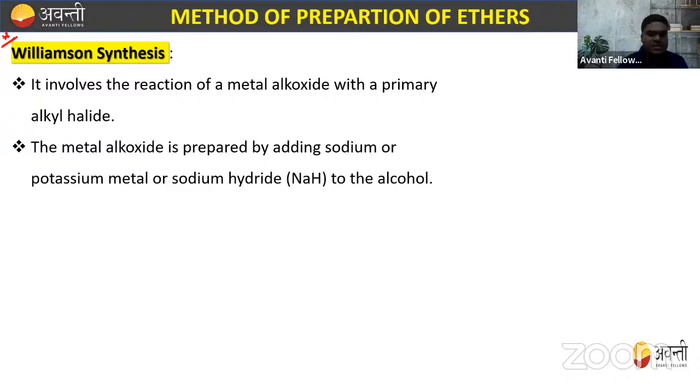So what does the Williamson synthesis reaction basically consist of? It involves the reaction of a metal alkoxide with a primary alkyl halide. Always remember this. If you want to produce the maximum yield, the alkyl halide must be primary and the alkoxide must be tertiary.